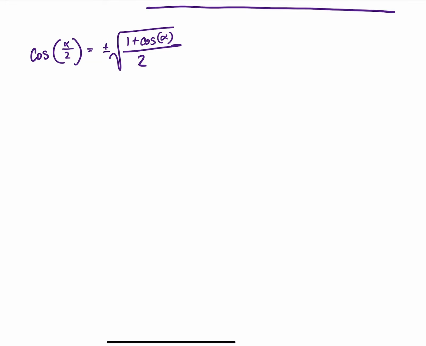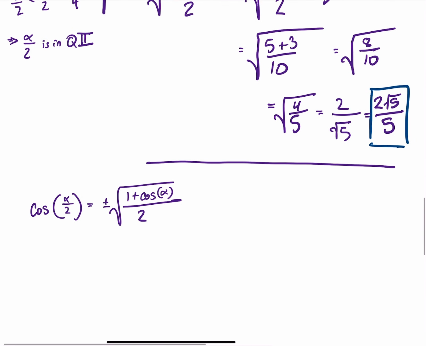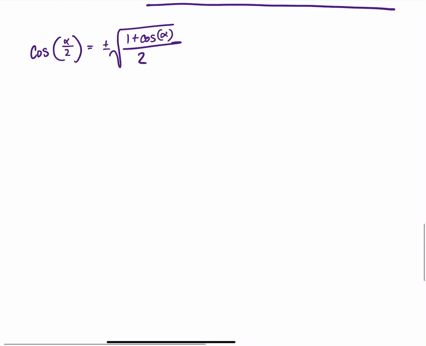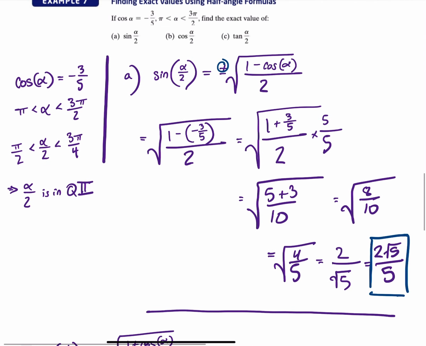Now, should it be positive or negative? We said earlier that alpha over 2 was in quadrant 2. So the cosine should definitely be negative in quadrant 2. So let's take the negative version of this. So this will be equal to negative square root of 1 plus the cosine of alpha. We said earlier the cosine of alpha, this was given in the problem, was negative 3 over 5.